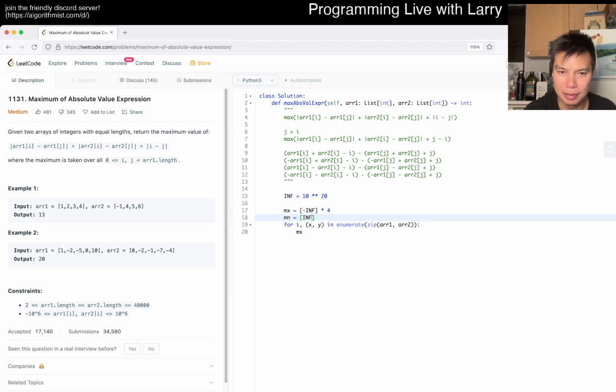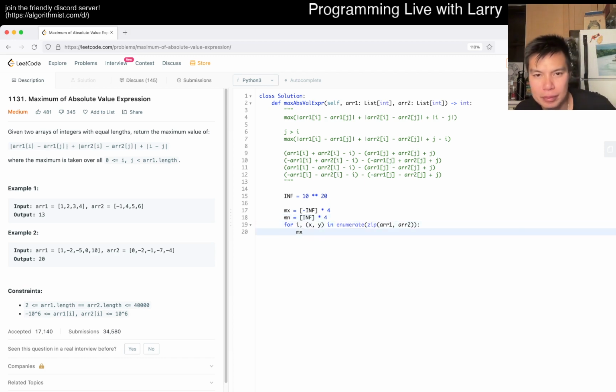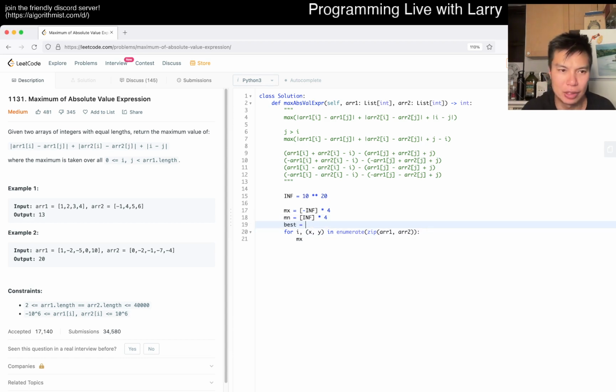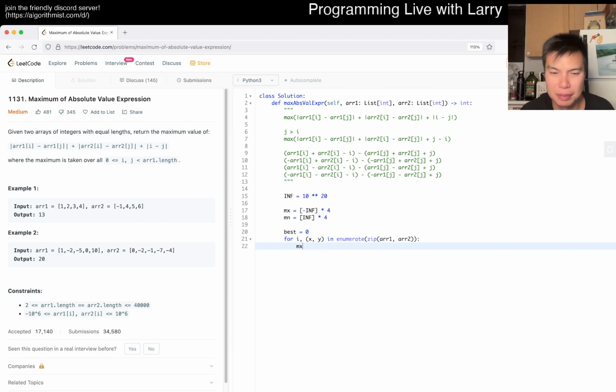Min, let's just say infinity. Okay. Because these have different signs, I think we just have to parse them a little bit differently, maybe. Okay, so best is equal to 0, say. Yeah, okay.